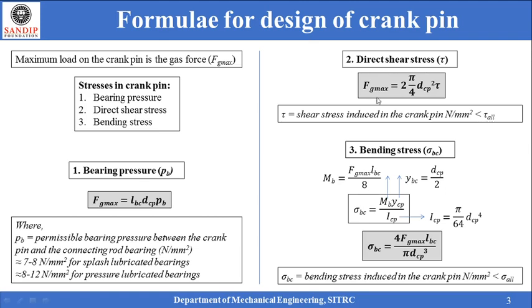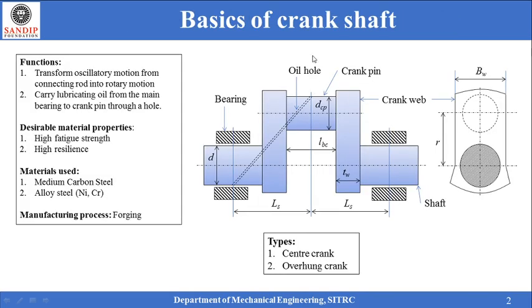Considering the shear stresses, the maximum gas force is being resisted by the resisting cross section into the shear stress induced into the material of the crank pin. Let us understand, when the force Fg max is acting onto the crank pin, these two cross sections, which are circular in shape, are resisting the shear failure.